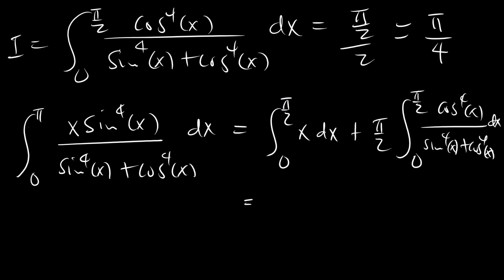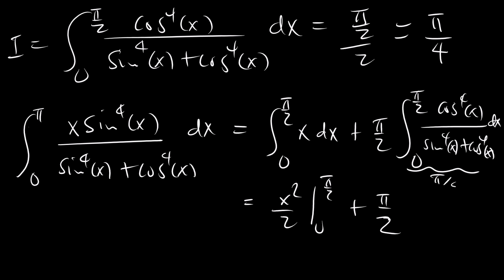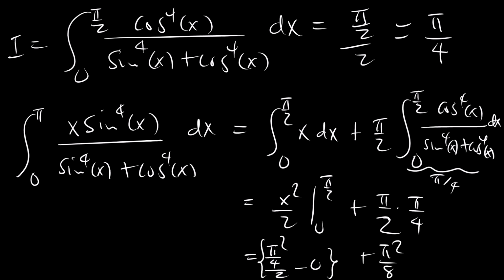Okay. So this is the same as x squared over 2 from 0 to pi over 2 plus pi over 2, and we found this integral to be pi over 4, so times pi over 4. So this is the same as pi squared over 4 over 2 minus 0 plus pi squared over 8, and that means that we have pi squared over 8 plus pi squared over 8, which is pi squared over 4.